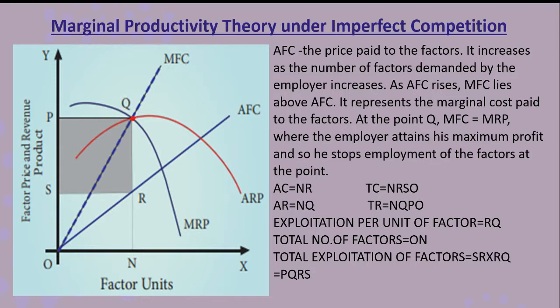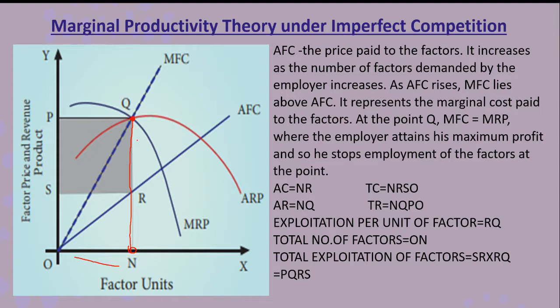From the equilibrium, you draw a perpendicular line to the x-axis. It meets at the point N. So the number of factor units is ON. And your marginal factor cost is NQ.